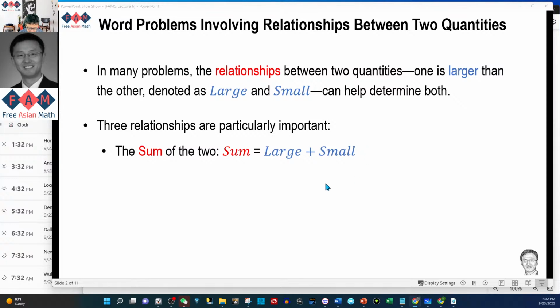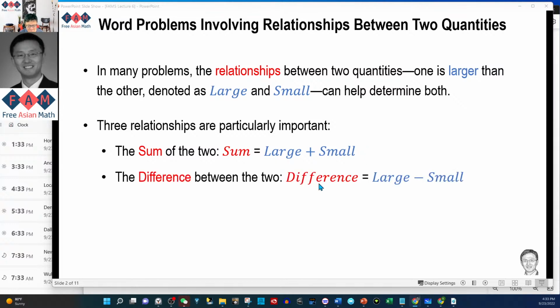And then the second relationship would be how much larger the larger one is than the smaller one. So in that case, we will get the difference between the two. Those two relationships are very fundamental. And usually, if we know both the sum and the difference, we can figure out both of them, both the larger number and the smaller number. And we will see that's a very classic type of word problems.